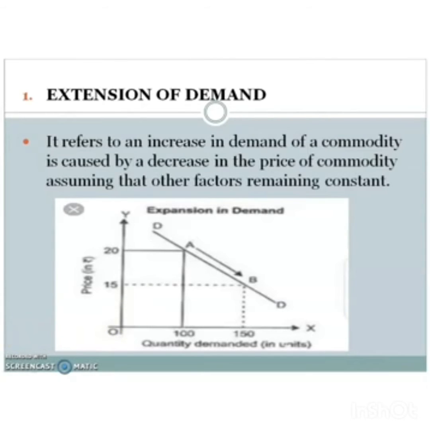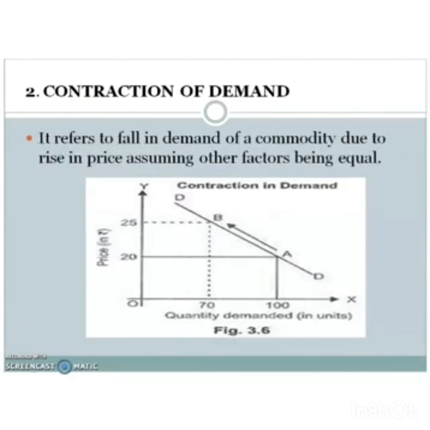The next type of change in quantity demanded is contraction of demand. It is just the opposite of expansion of demand. It refers to a fall in demand for a commodity due to a rise in price, assuming other factors, other determinants of demand, are equal or unchanged.